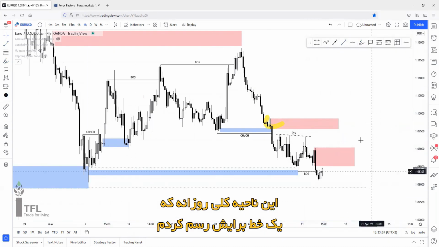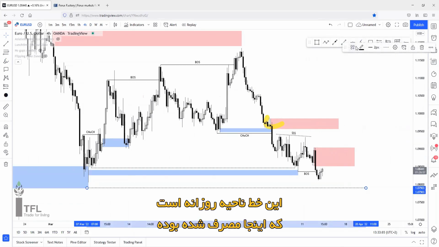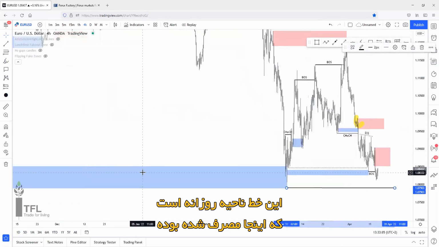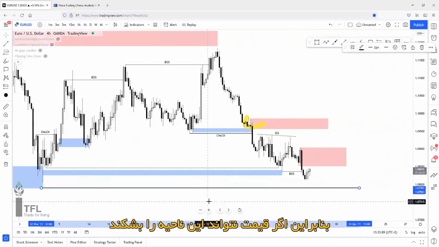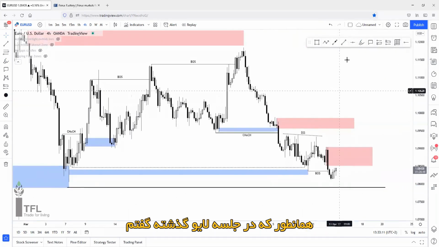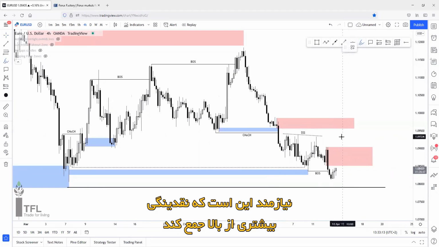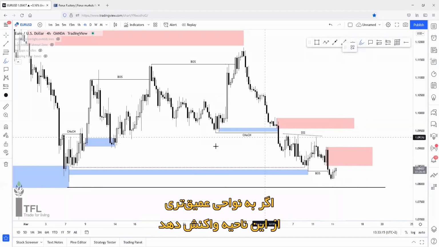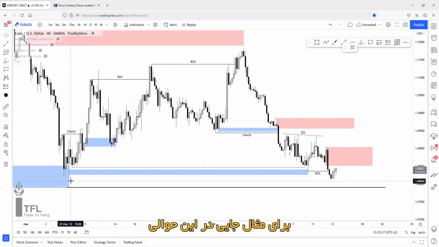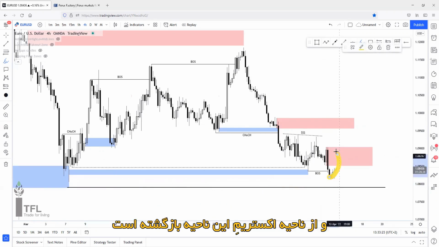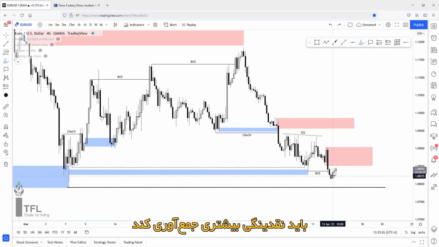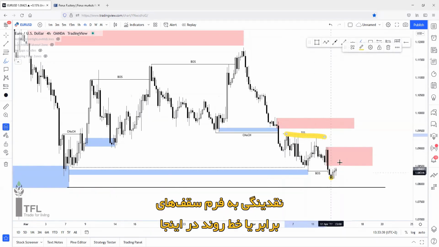daily zone that I just drew a line for, this is the line for the overall daily zone that has been mitigated right here. So if price can break below this zone, as I said in the previous live session, it will have to collect more liquidity from the upside, right? If it reacts on this deeper area of this zone, for example somewhere around here, and it seems like it reacted on the extreme of this zone and reversed on the extreme of this zone, it will have to collect more liquidity in the form of triple taps or a liquidity trend line right here.